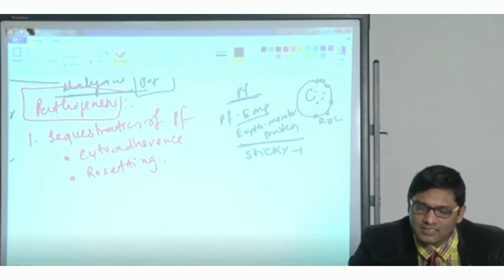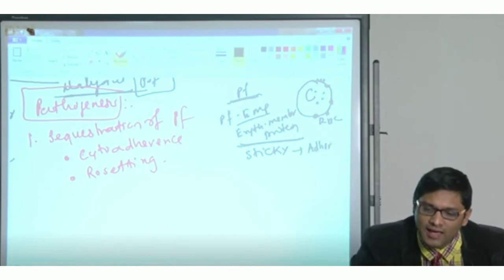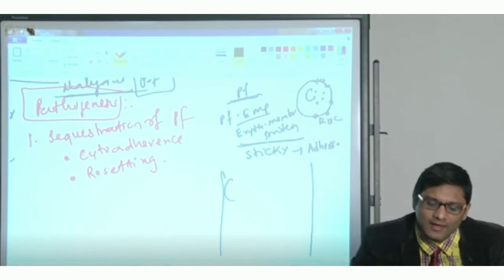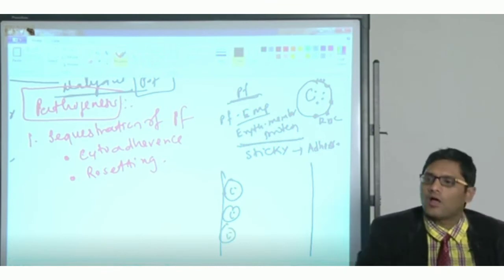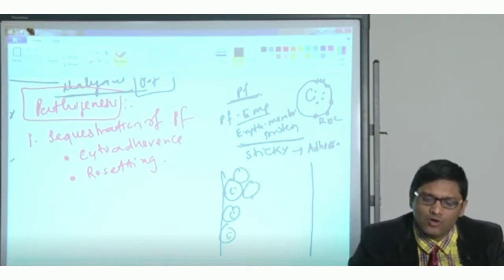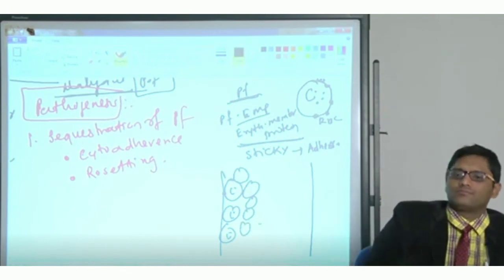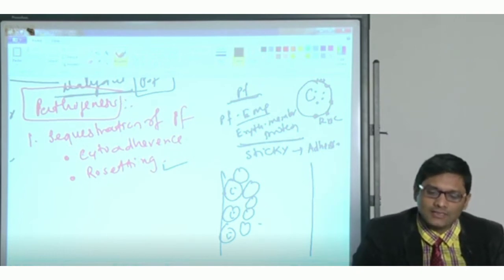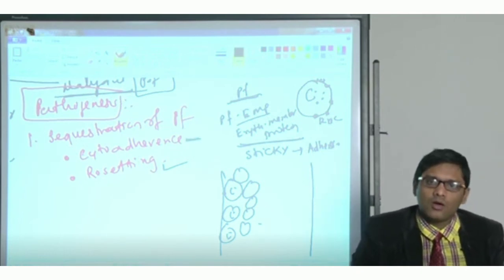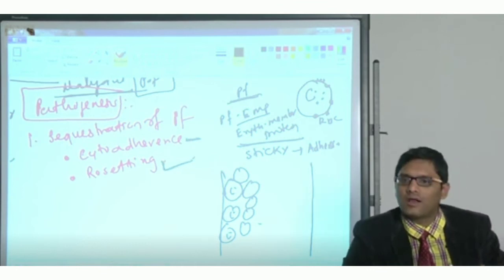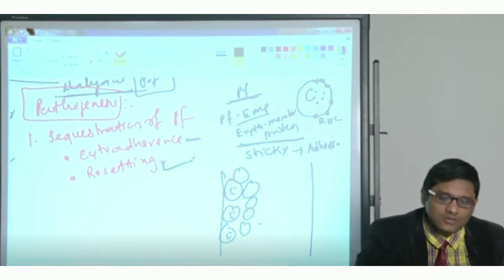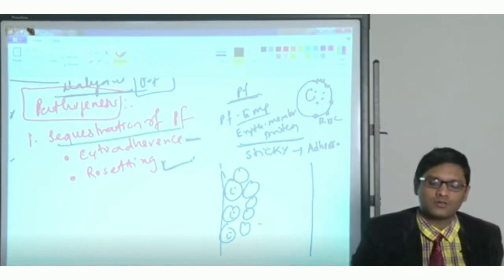Because they are sticky, this results in adhesion. One side they adhere to the vascular endothelium, the other side they may adhere to normal RBCs also, which leads to rosetting. Cytoadherence means adherence to the vascular endothelium. Rosetting is the clumping of normal RBCs to the parasitized RBC. This leads to sequestration of the parasite to the vascular endothelium.